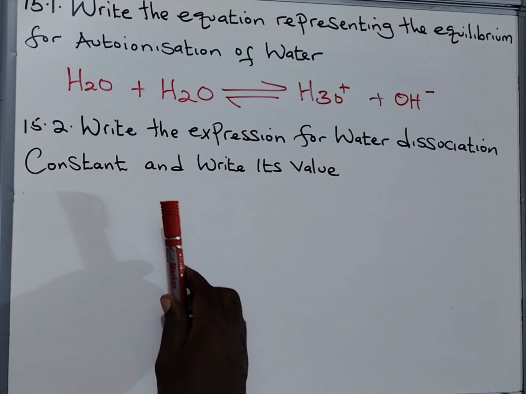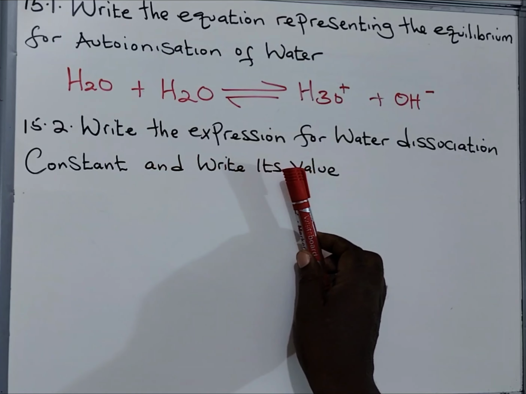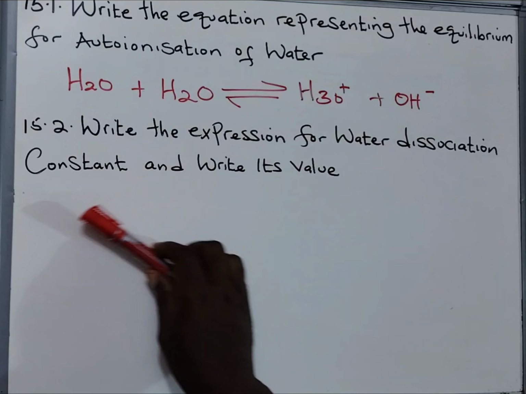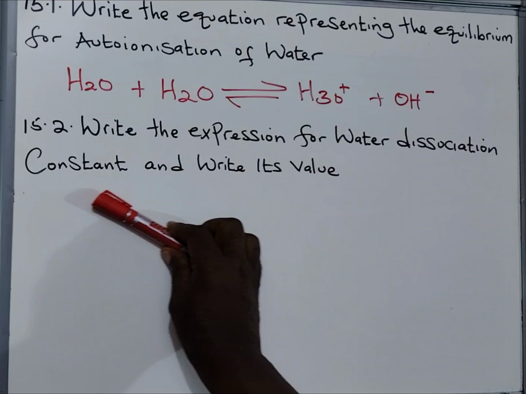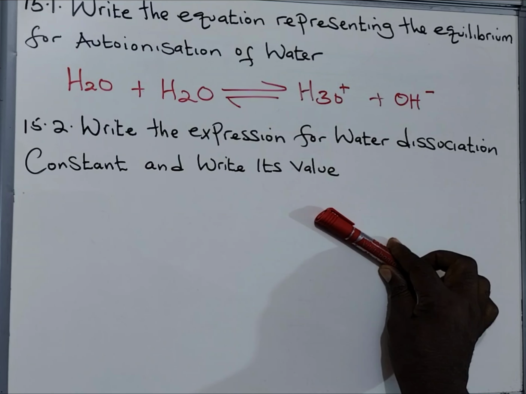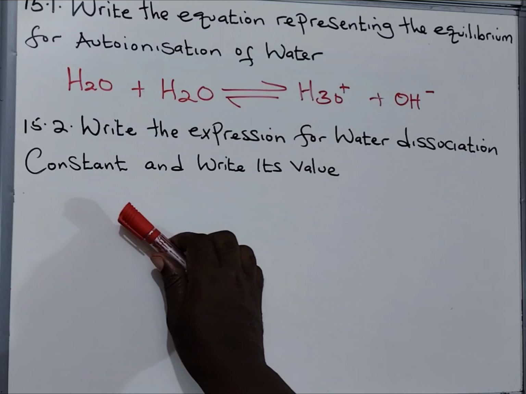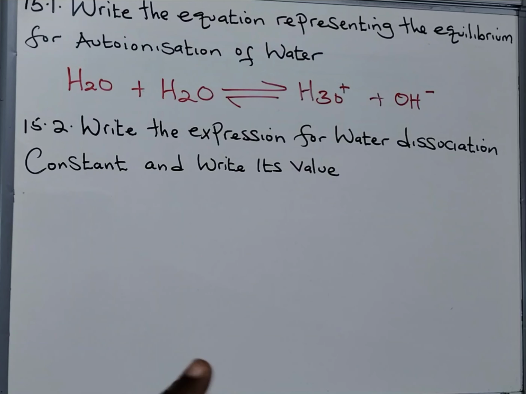Then we come to this question. It says, write the expression for water dissociation constant and write its value. I would like to tell you that the water dissociation constant, we write it the same way we write equilibrium constant.